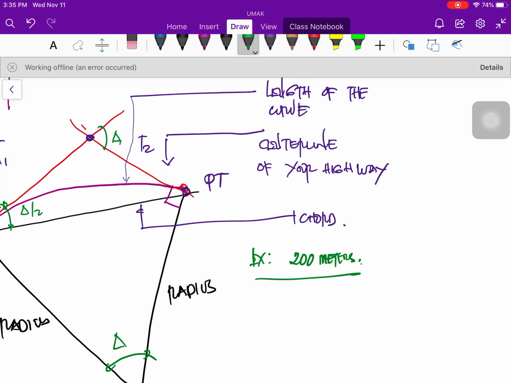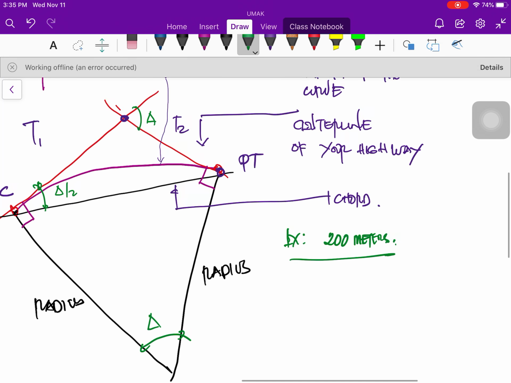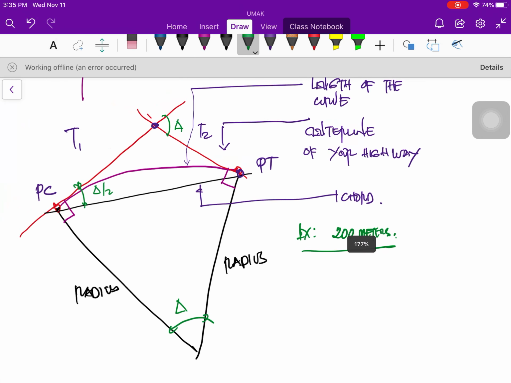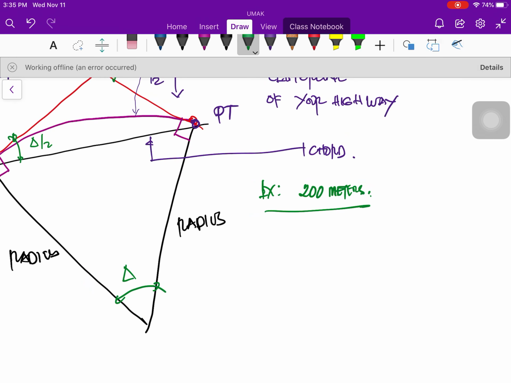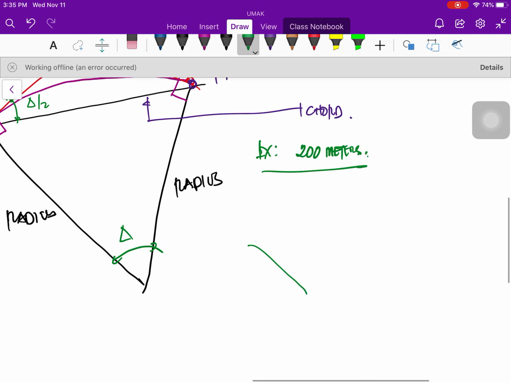It's easy on paper, where you only have some radius here and radius here, and then you get a French curve and connect them to get the length of the curve.